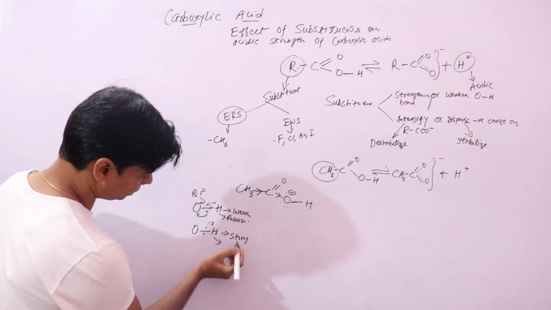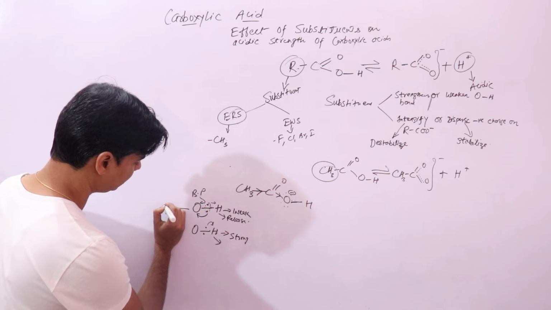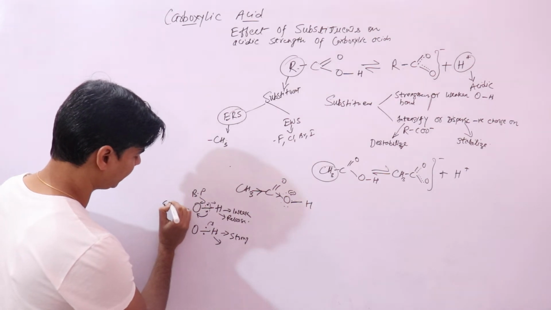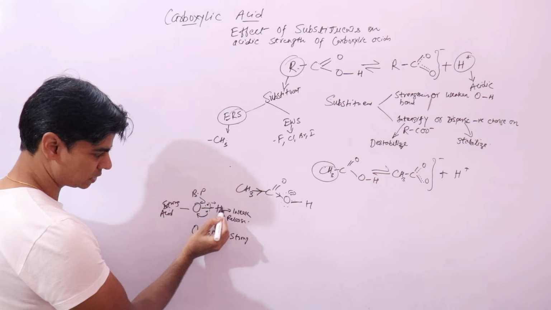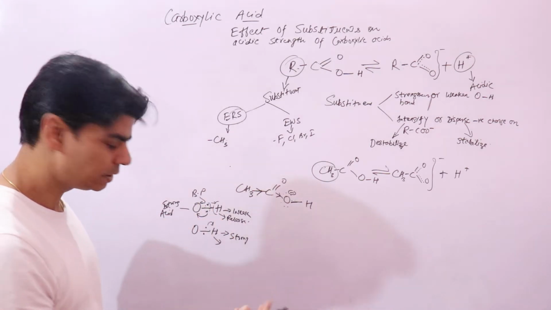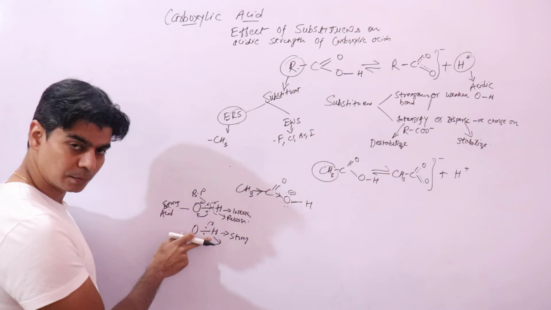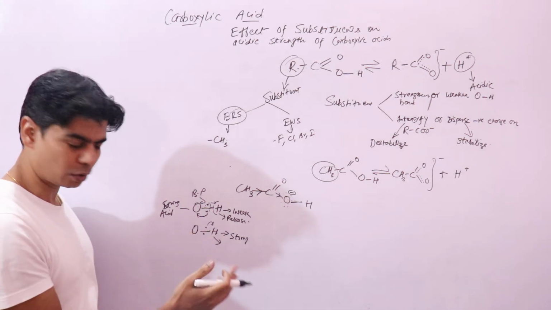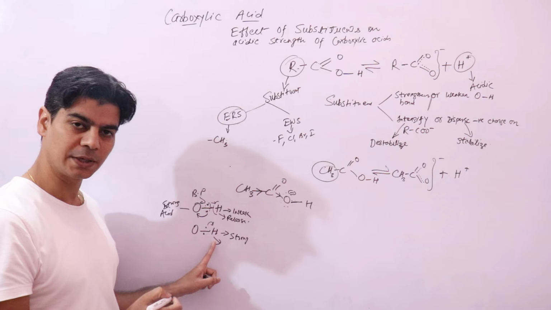So this kind of situation will make the acid a strong acid, because this hydrogen atom can be more easily released. Here this bond is a weaker bond. This other bond has become a strong bond because the bond pair is in the middle or towards the hydrogen atom.